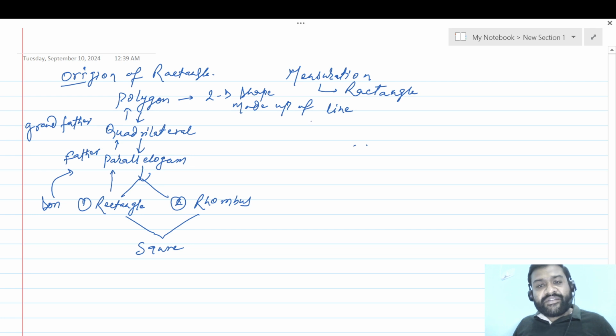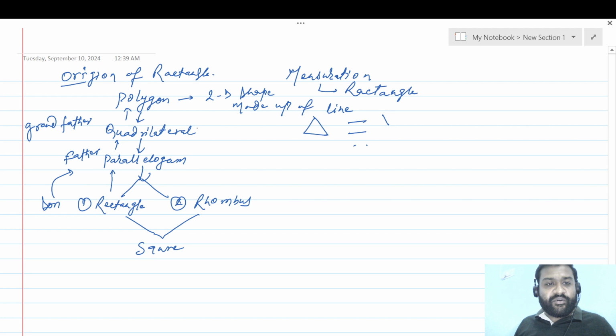The least number of lines we require to make a polygon is three, which makes a triangle. We cannot make a shape from two lines or a single line.